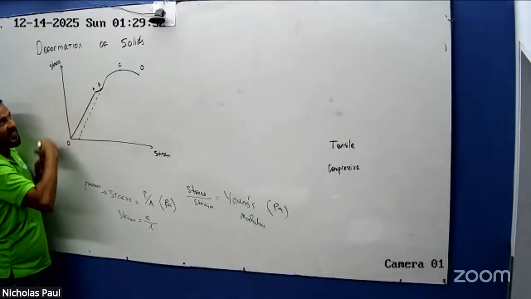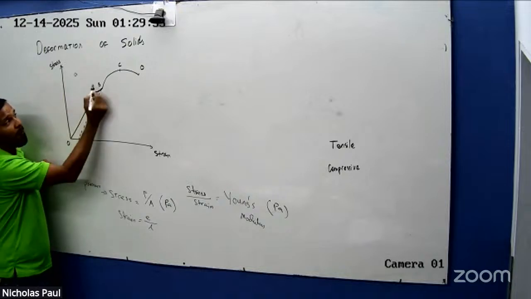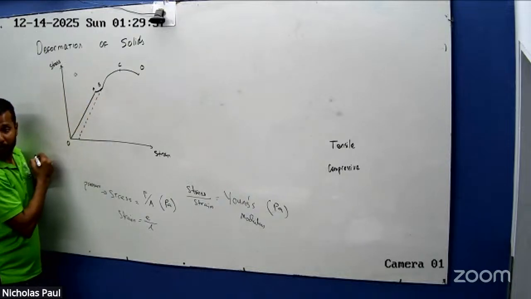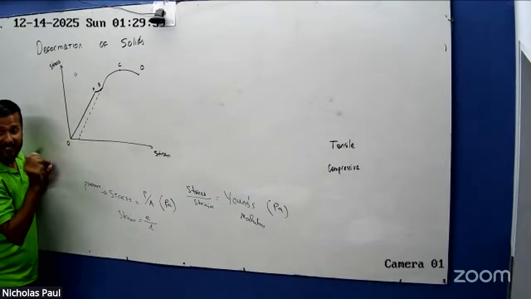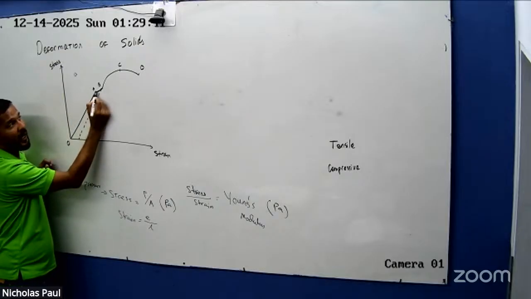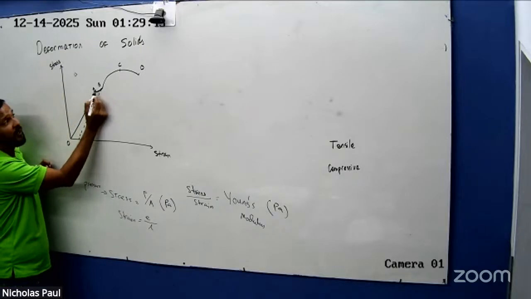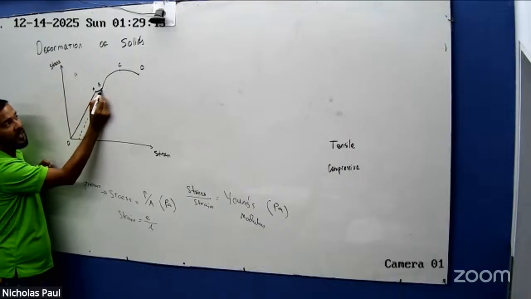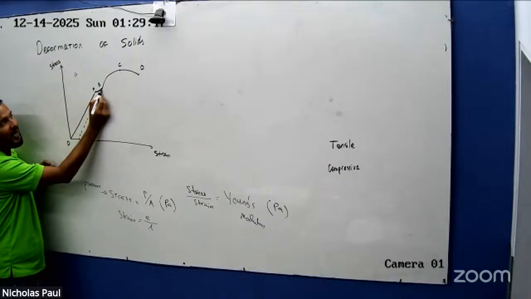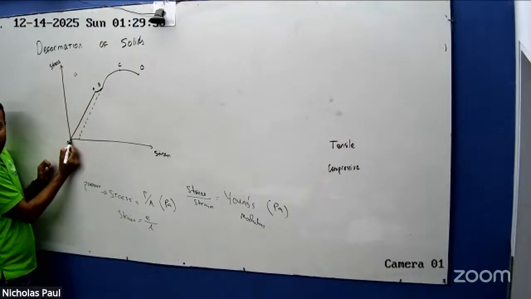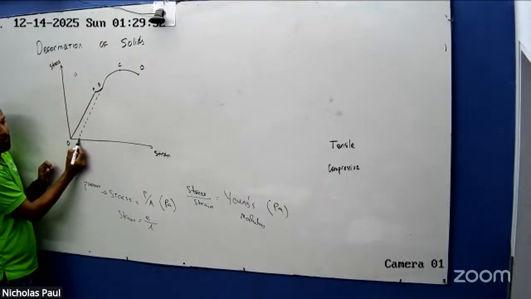Proportionality does not happen after this. If they ask for your elastic limit, it is here. Because if you go beyond here, it doesn't go back to the original. It goes back to a new strain point.